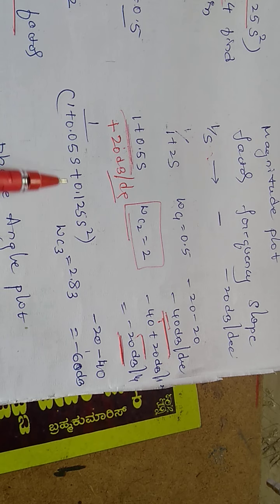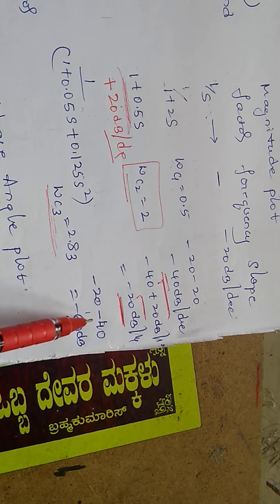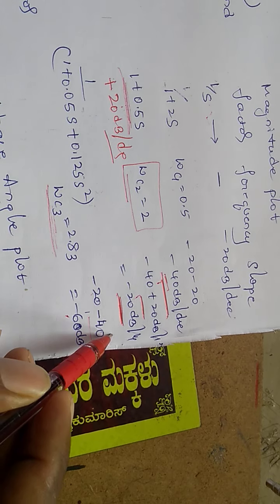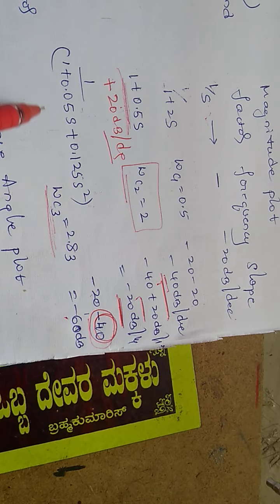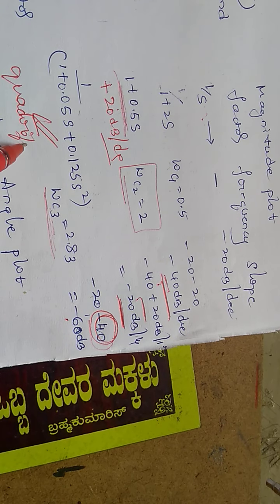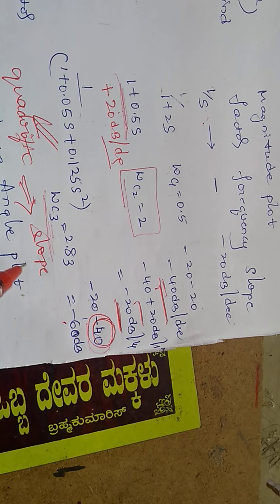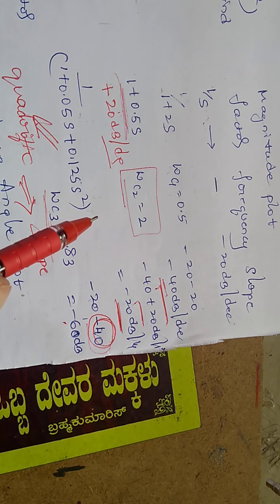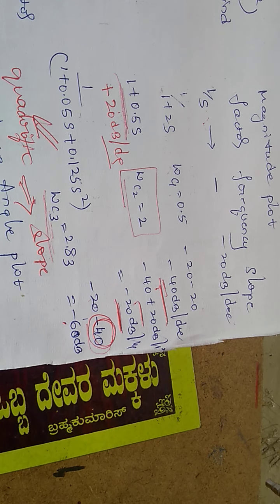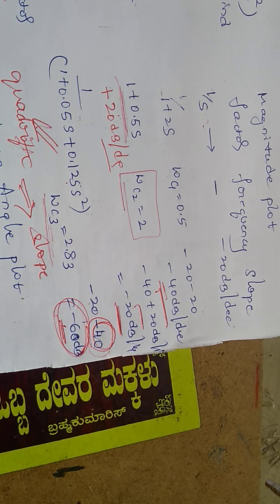For this quadratic term, the corner frequency is 2.83, but the slope is minus 40 because it is a quadratic factor. If it is a numerator quadratic factor, the slope is plus 40 dB per decade. If it is a denominator quadratic factor, the slope is minus 40 dB per decade. So you will get minus 60 dB.